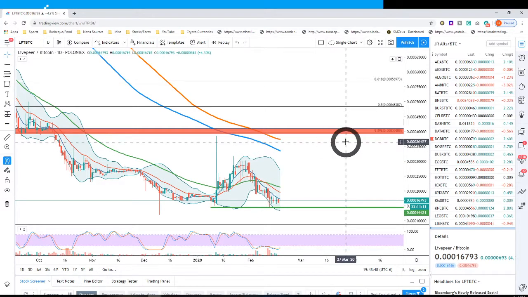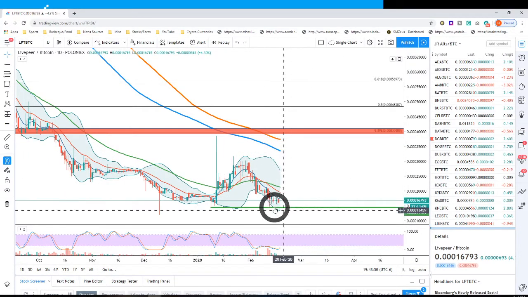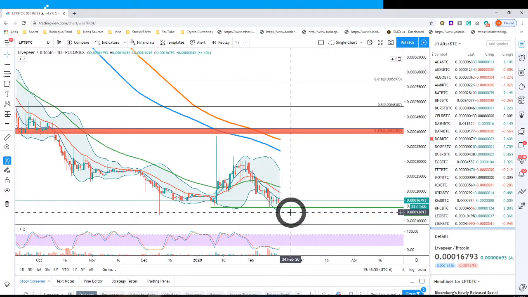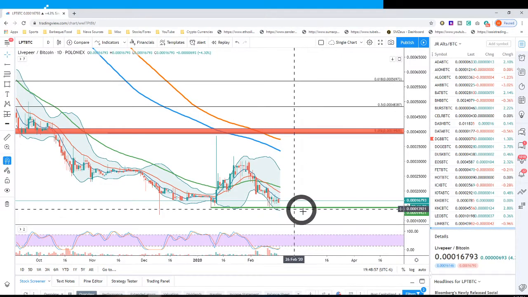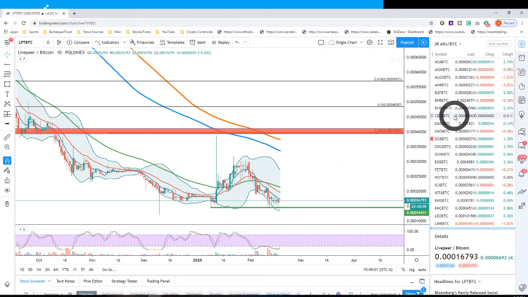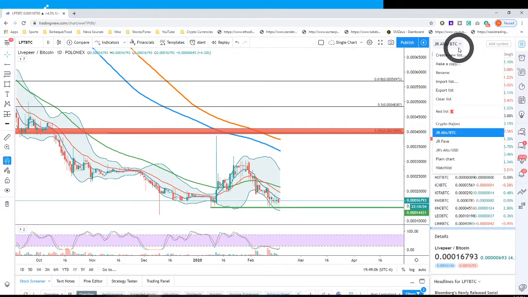So if that's your area and you're comfortable with it, don't let me shy you away from it. You just never know when some big red stick comes out of somewhere. But that's what stops are for, right? You've got to use your stops. Place them strategically.